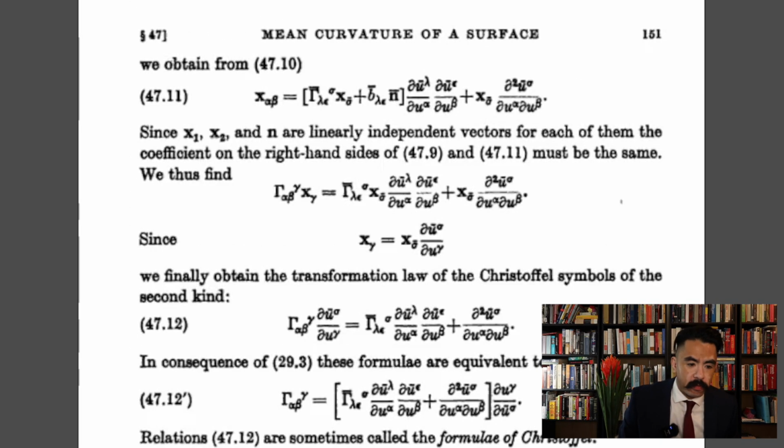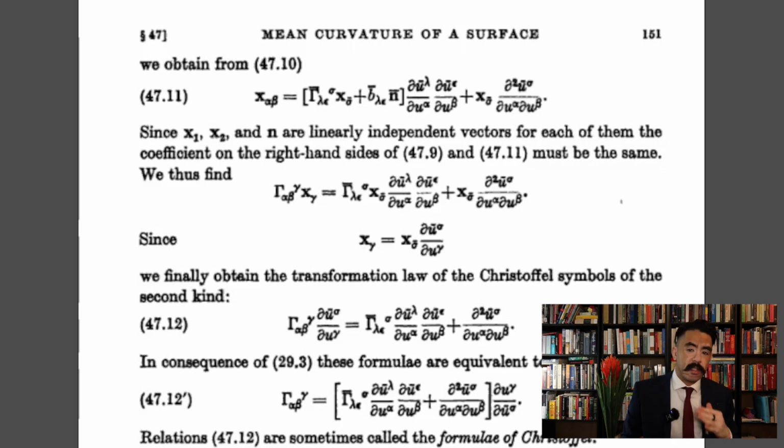We obtained from the previous relation that x_{αβ} is equal to the quantity Γ̄^σ_{λε} x_σ̄ + b̄_{λε} n̄, closed quantity, times ∂ū^λ/∂u^α ∂ū^ε/∂u^β plus x_σ̄ ∂²ū^σ/∂u^α∂u^β.